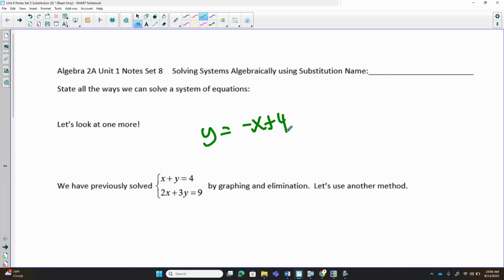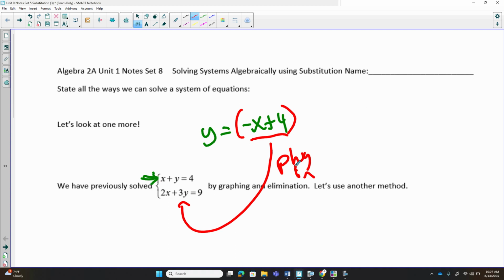Okay? So I'm going to take this top one. I'm going to choose which one I'm going to solve for, and then I'll solve. Now, the next thing you're going to do is take that, because that's what y is equal to, and you're going to plug it in right here. Another word for plug in would be substitution.